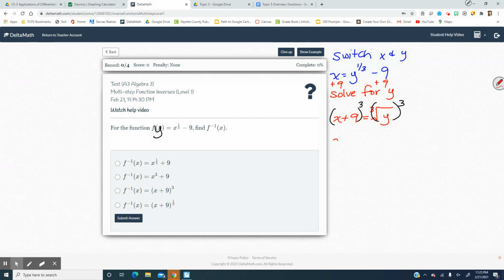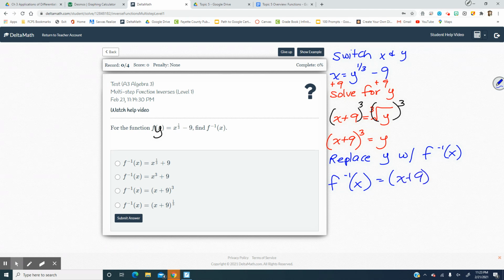So that I have x plus 9 to the 3rd power equals y. And then finally, I'll replace the y with my inverse notation. So the inverse of f equals x plus 9 to the 3rd. So then I'll select this one.